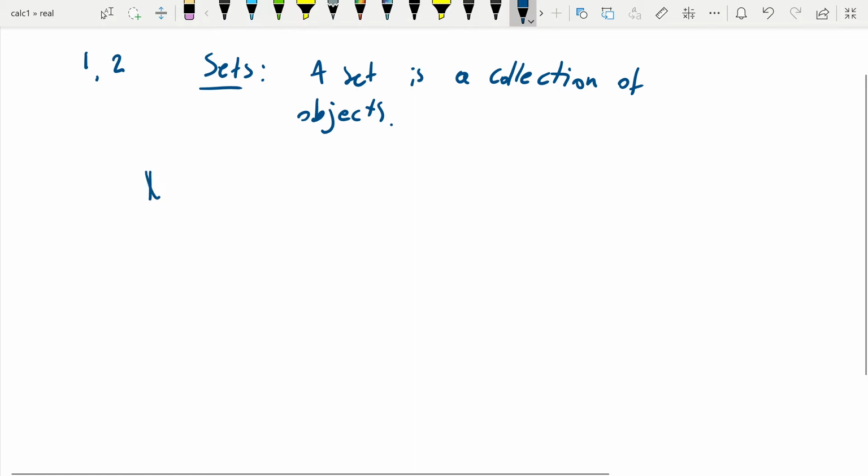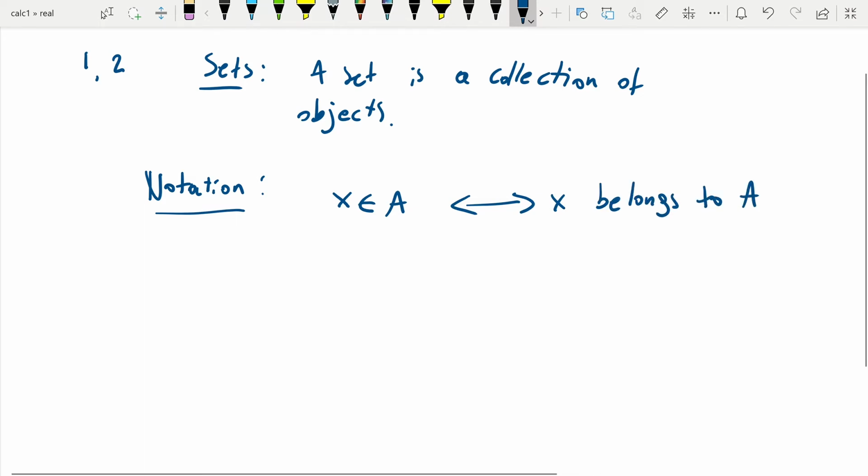Notation-wise, everything is important. So we write that x is in A to mean that x belongs to A. We say that if A and B are sets, A is contained in B, and we write it in this way.